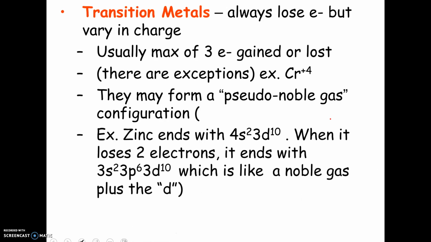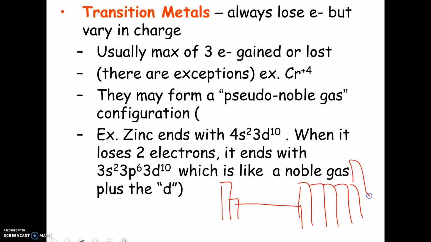So for example, zinc, which is located here. So if we look at our periodic table, right? Zinc is right here. So zinc would be 1s2, 2s2, 2p6, 3s2, 3p6, 4s2, 3d10. So it ends with 4s2, 3d10.